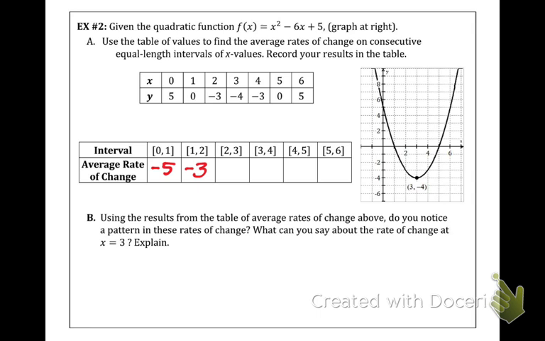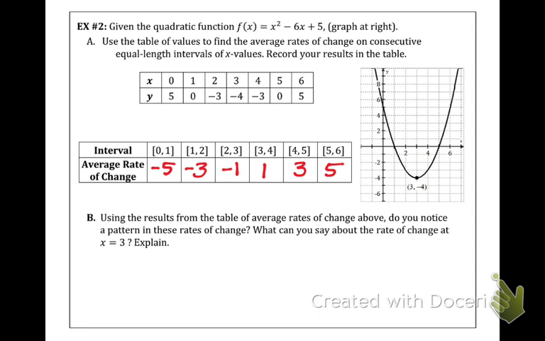From 2 to 3, negative 3 plus 4 is 1 over negative 1, so negative 1. From 3 to 4, negative 4 plus 3 is negative 1 over negative 1, which is positive 1. From 4 to 5, negative 3 minus 0 is negative 3, divided by negative 1 is positive 3, and then 0 minus 5, negative 5, divided by negative 1 is positive 5.